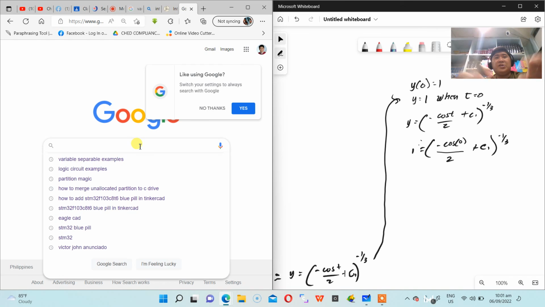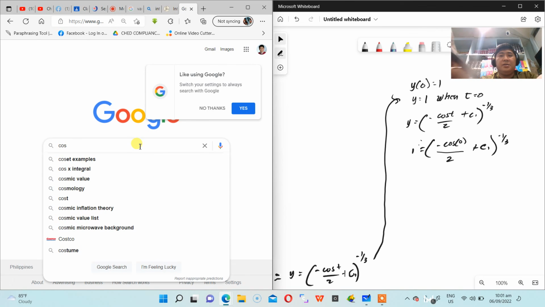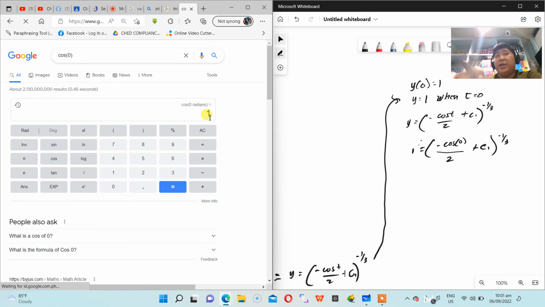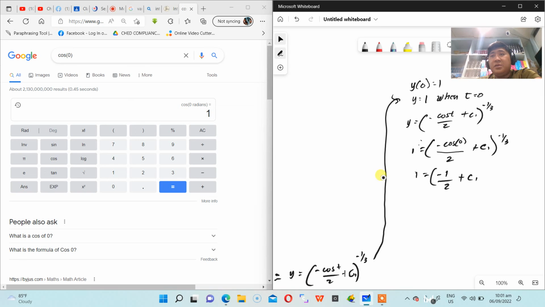So to check cosine 0, the answer is 1. Alright? So it becomes like this. 1 equals negative cosine 0 is 1. So cosine 0 is 1 over 2 plus c sub 1 to the negative 1/3.